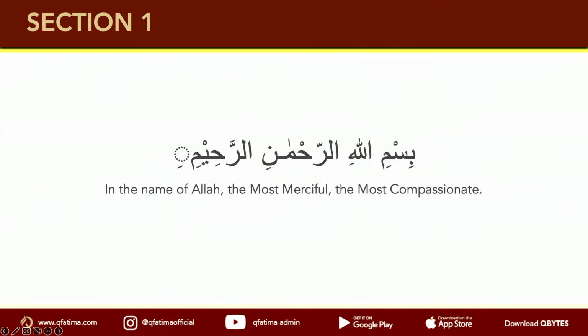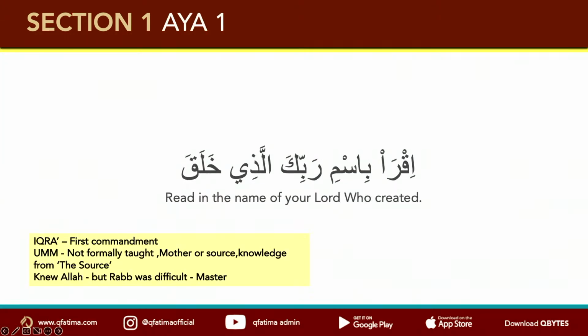There we go. It starts off with, like everybody knows, Bismillahir Rahmanir Rahim. You all know this, and I'm not going to go into that. So this is the first ayah, Iqra. When it was revealed, that was the first order to humanity. The first order wasn't pray, wasn't fast, wasn't anything. It was Iqra.